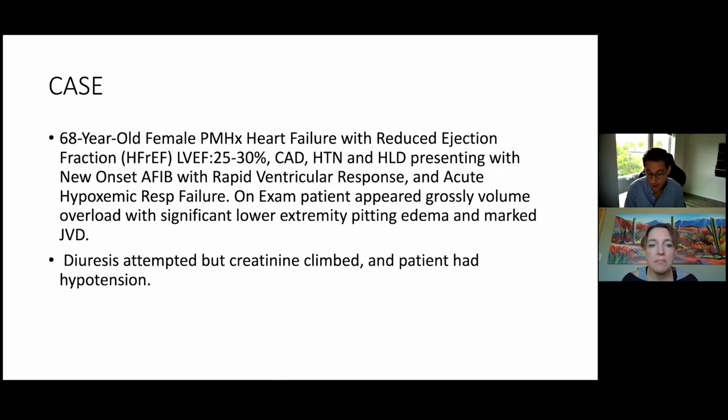I feel this patient, we had her on the service. I was on cards wards, I remember. We attempted to diurese the patient, and the patient's creatinine was climbing. She was developing a higher AKI, and she got hypotensive.